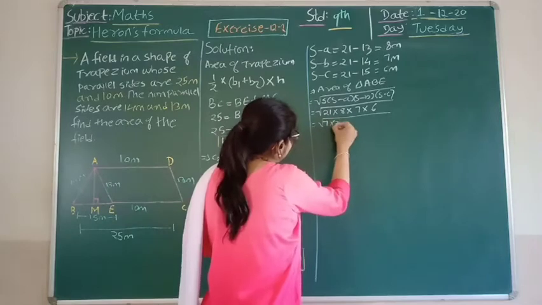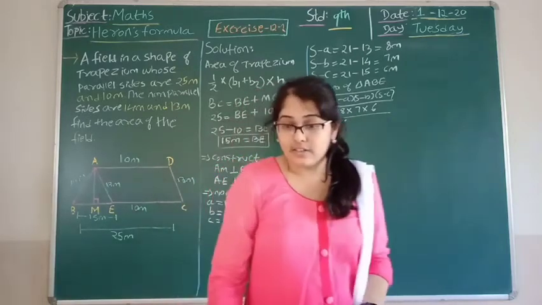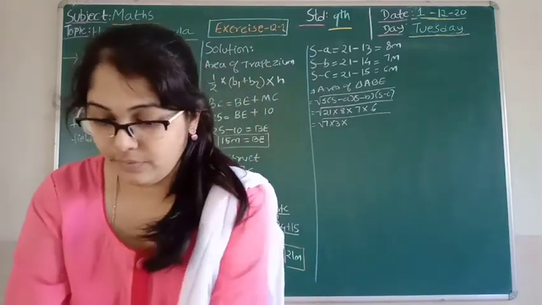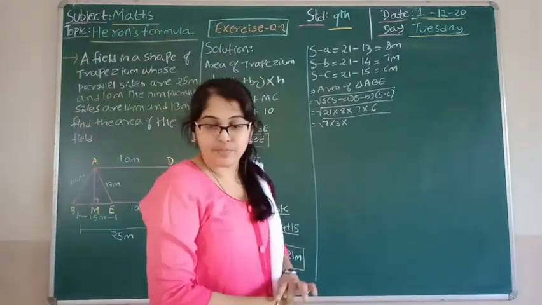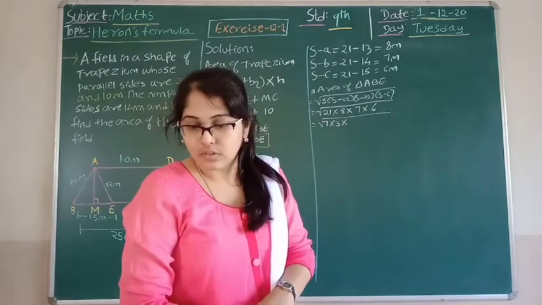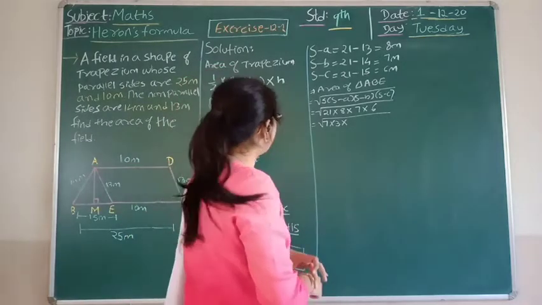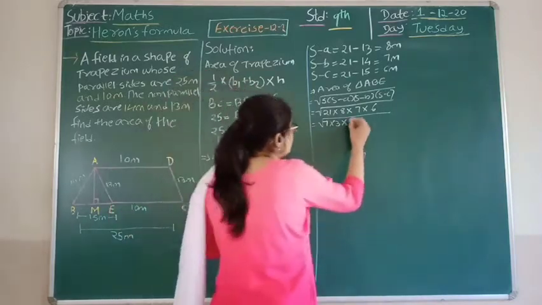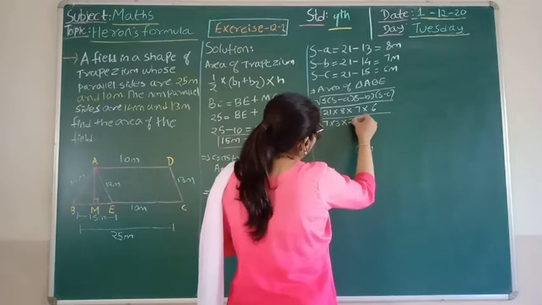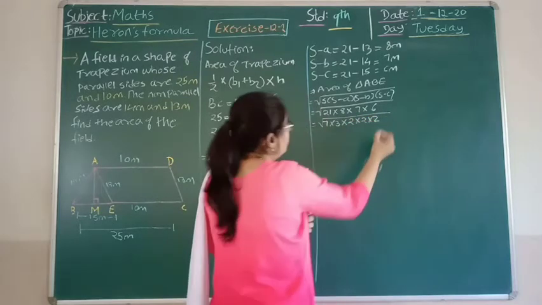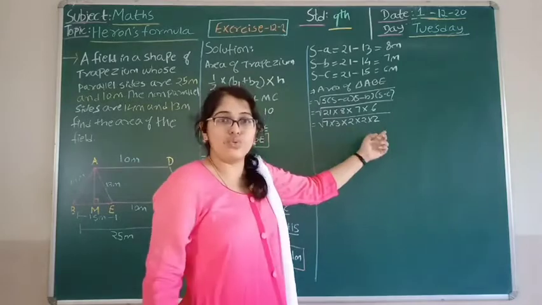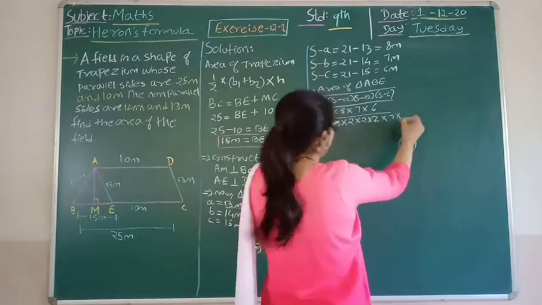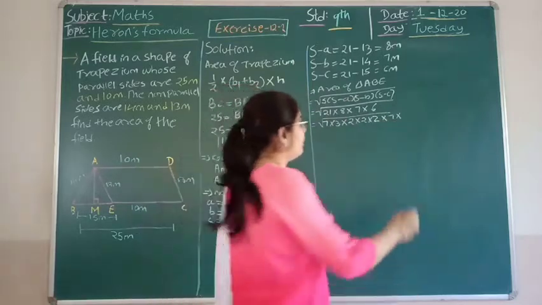Next is 8. 8 is 4 twos are 8, or I can write 2 into 2 into 2, it is 2 into 4, 4 into 2 is 8. And multiplying with 7, 7 is going to remain as 7. We'll go for 6, that will equal 3 into 2.